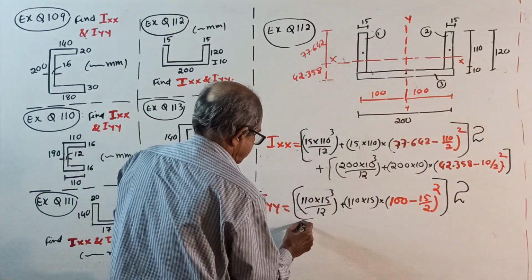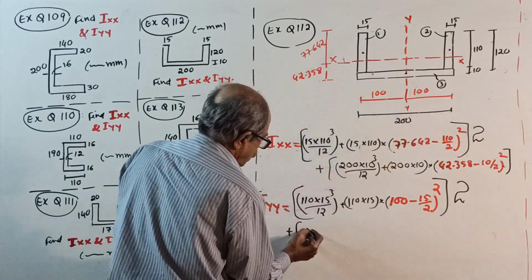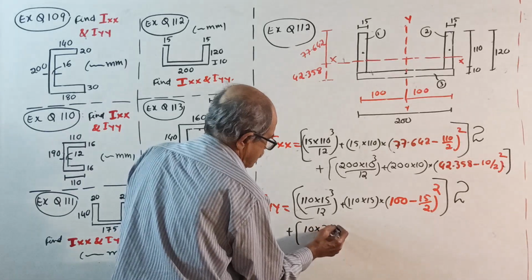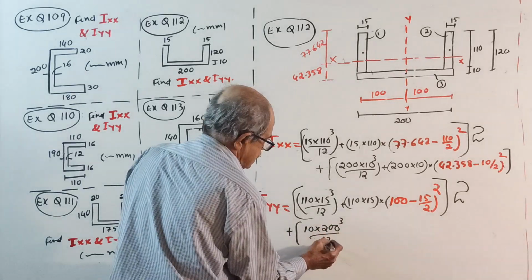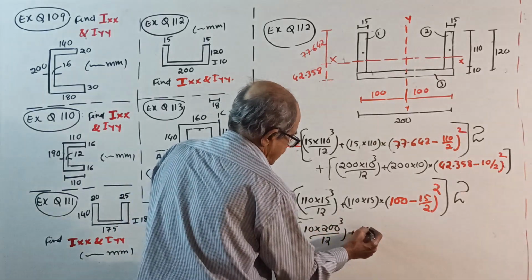Lastly, this one plus 10 into 200 cube by 12, plus area.